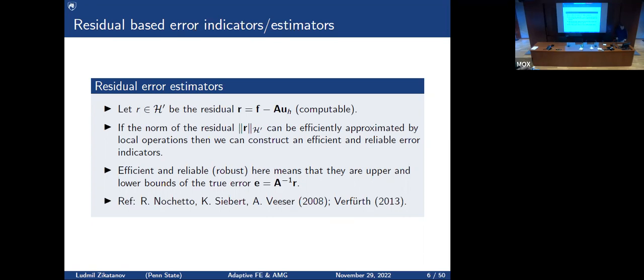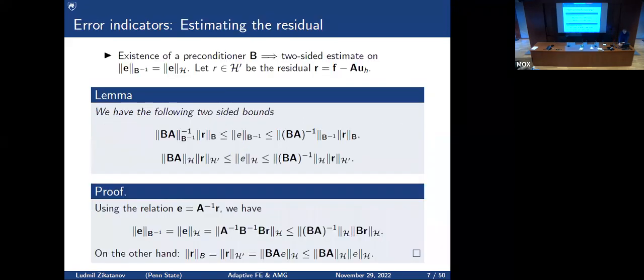Okay. So now let's move on to see how our operator preconditioning will help us to do that. So the operator preconditioning was not used in these earlier works. Existence of a preconditioner B automatically gives you a two-sided bound on the error.